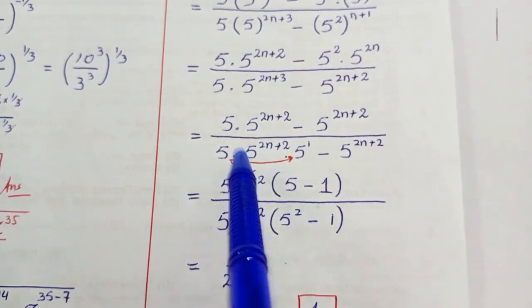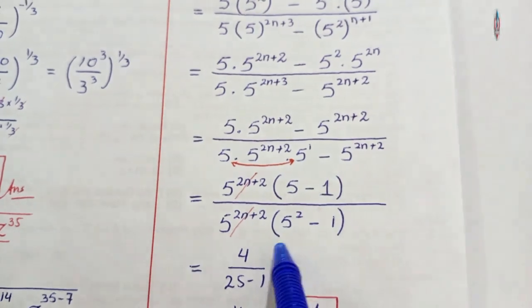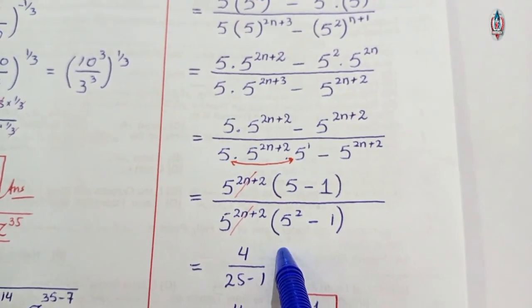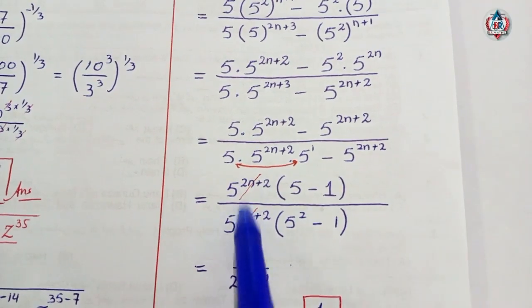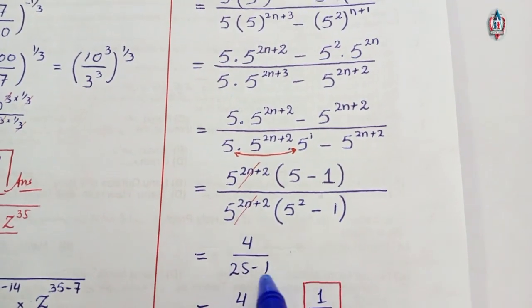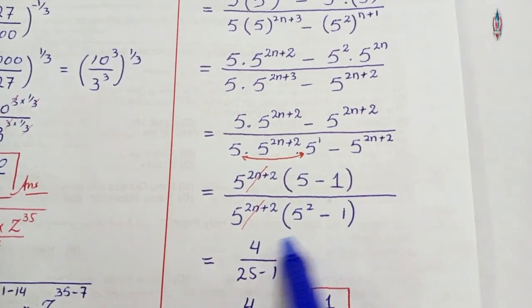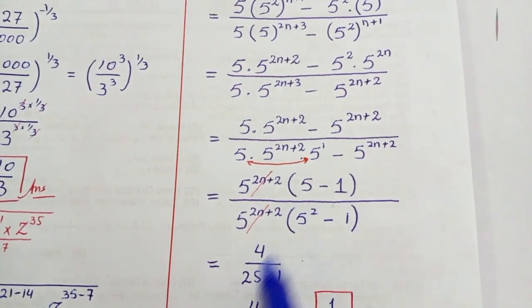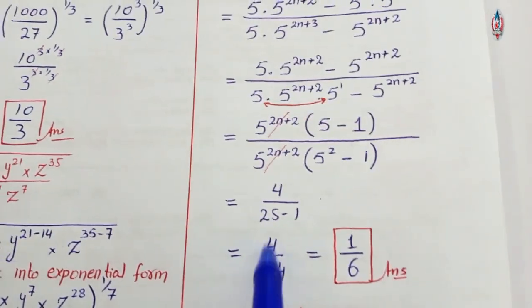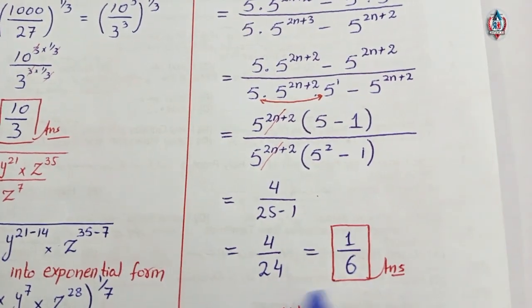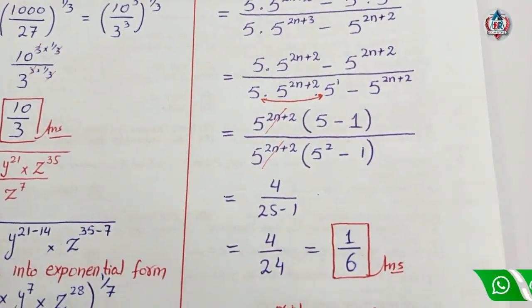Similarly in the denominator 5 and 5 becomes 5 square after taking common, minus 1. These factors cancel with each other and remaining is 5 minus 1 is 4 and 5 square means 25 minus 1, it becomes 24. 4 over 24 cancel with each other and the result is 1 divided by 6.